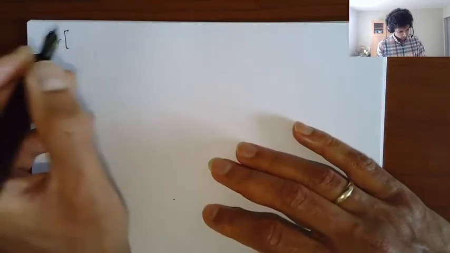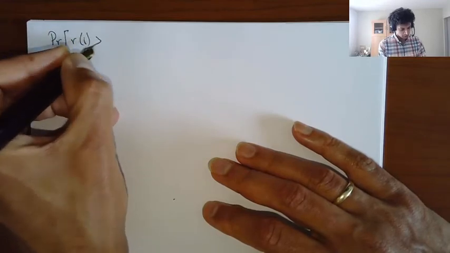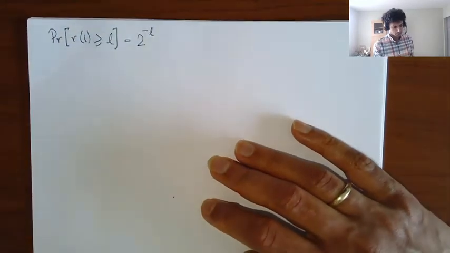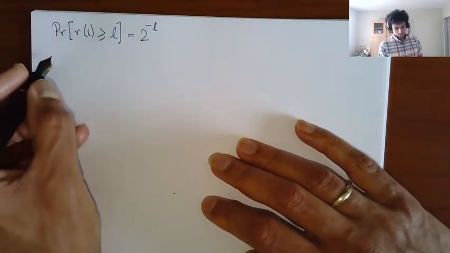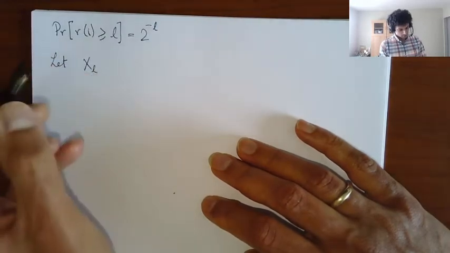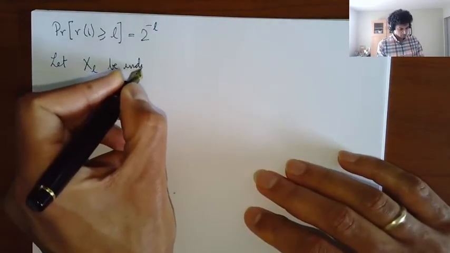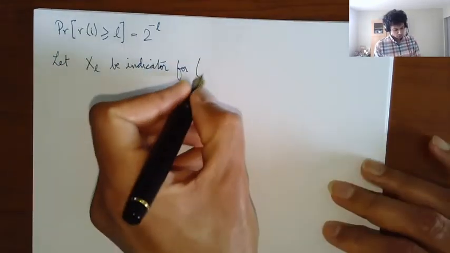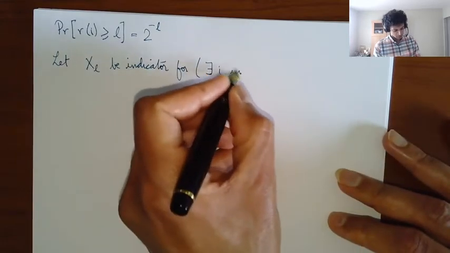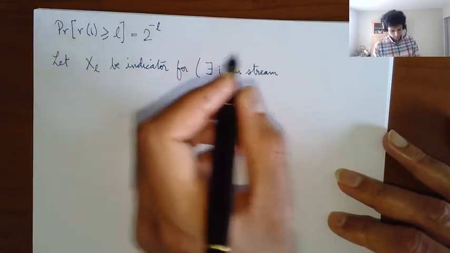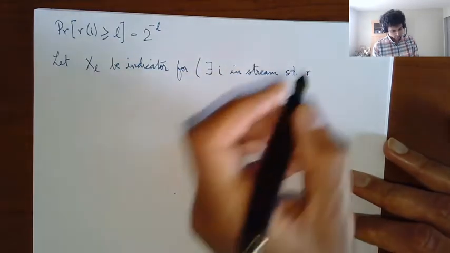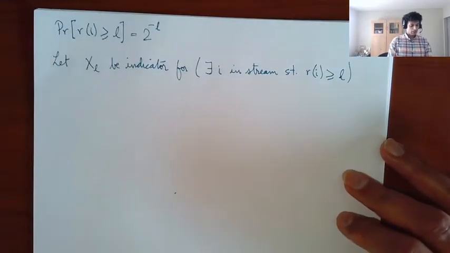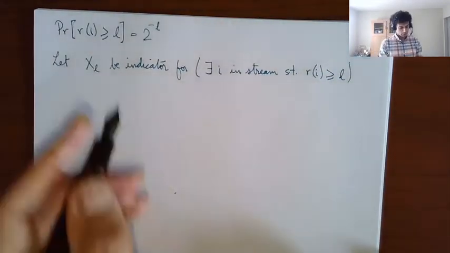Okay, so as we said, the probability that R of I is greater than or equal to L is 2 to the minus L. So let XL be the indicator for there existing some I in the stream such that R of I is greater than L. So just the indicator for the existence of this event.